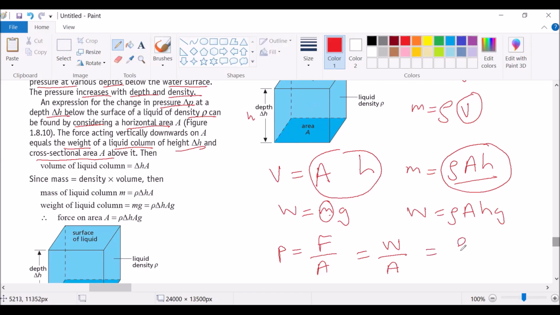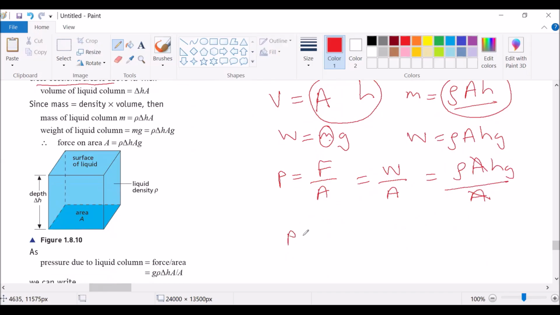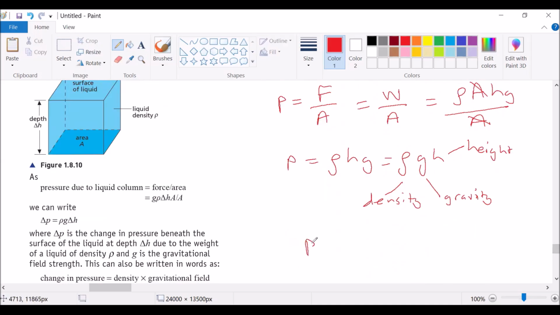So we have rho AHG over area A. Area cancels out, and now we have our pressure being equal to rho Hg, which we usually write as rho Gh. So pressure depends on density, acceleration due to gravity, and height. The expression for our pressure is rho Gh.